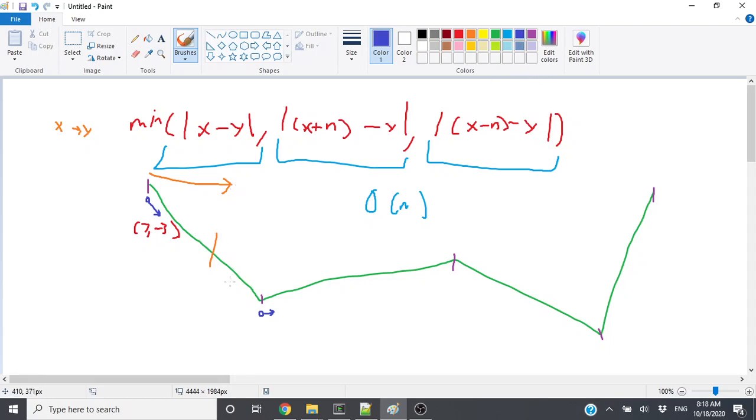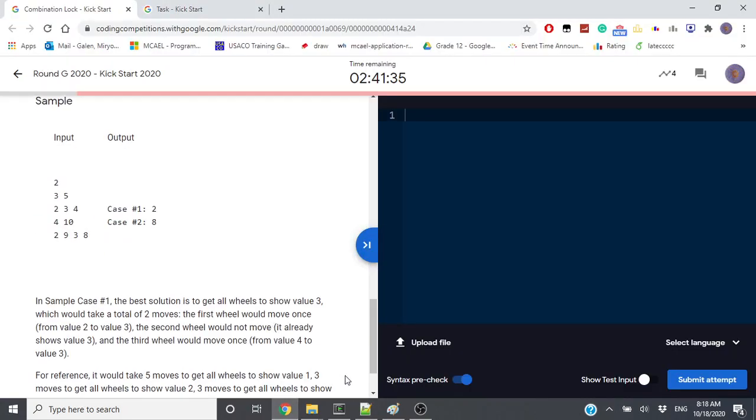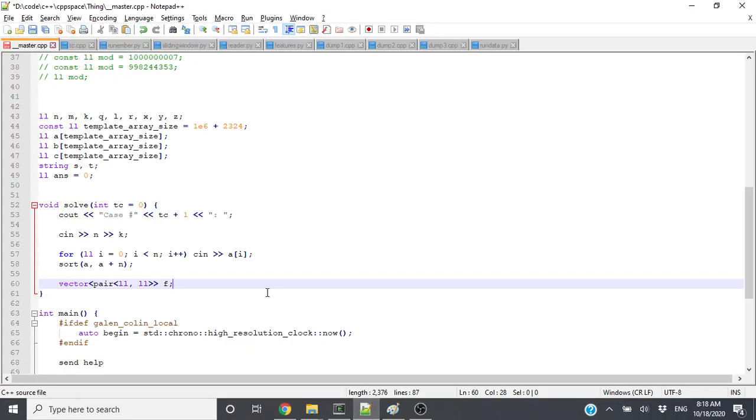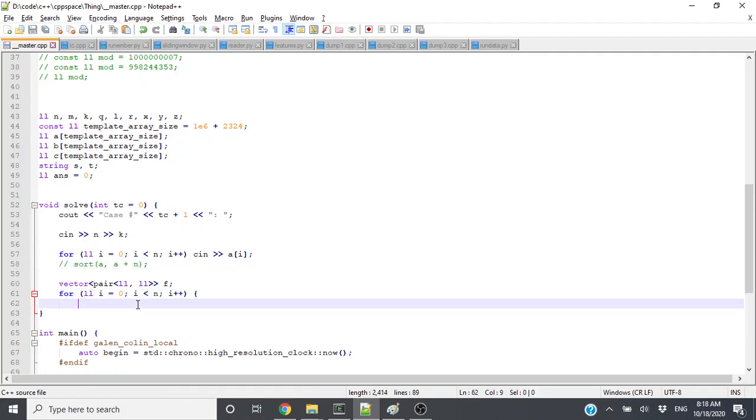And then we can recompute the new slope over here and just keep going. And then at every point we can take the minimum and have that be the answer, I think. But to do that, we just need to do the function.